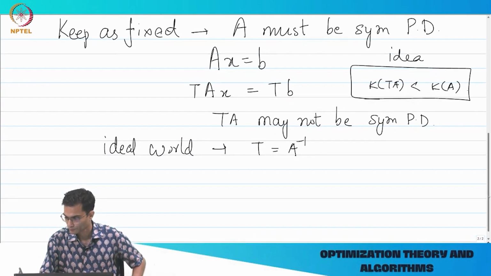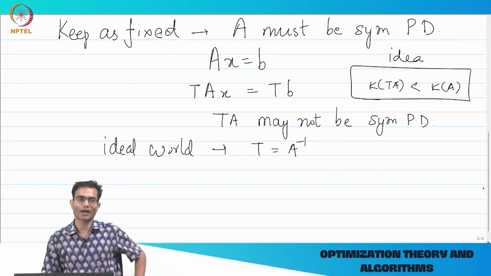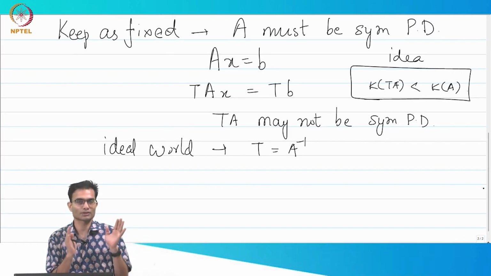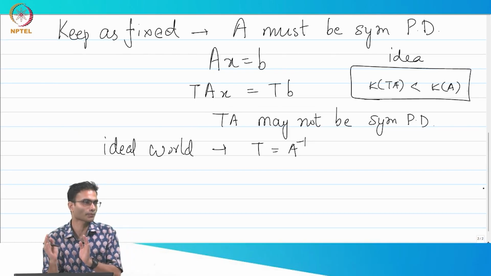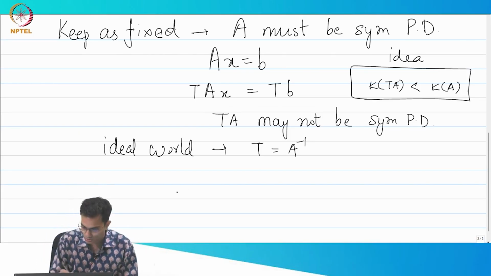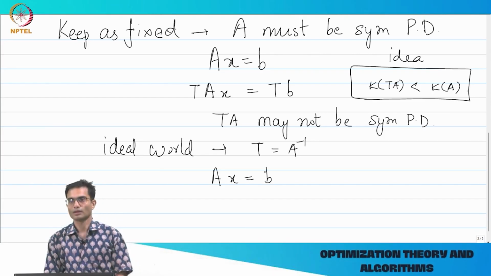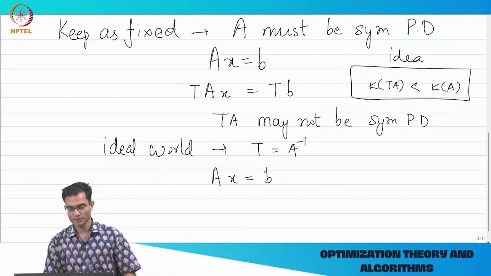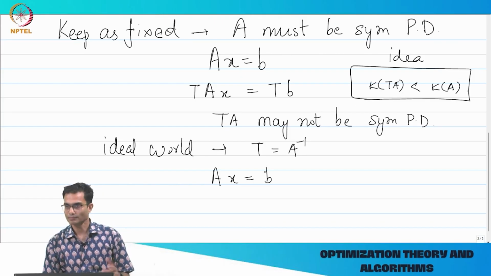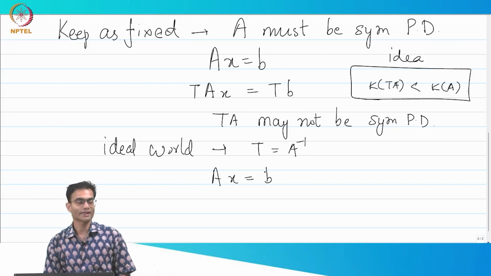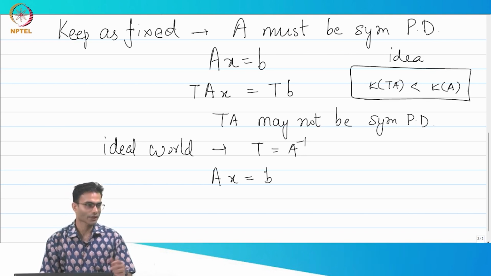So the trick that I am going to do is, I want to achieve two things: a reduction of condition number while maintaining positive definiteness. Okay. So supposing I take my Ax is equal to b, and like was suggested, let's multiply by some matrix. Instead of saying T, I am going to create a new convention.